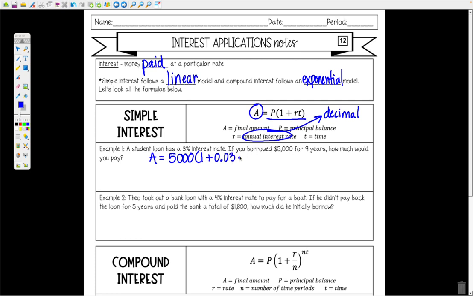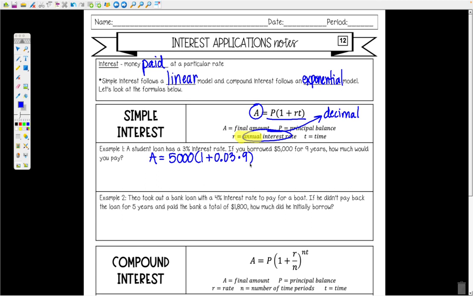One thing you need to note is that it's not just time in months, it's specifically your time annually. Annually means per year. So the time per year. It says you're going to borrow for 9 years. How much are you going to end up paying back, the total amount? This is multiplication: 0.03 times 9. I just use a times because I didn't feel like doing parentheses times parentheses.